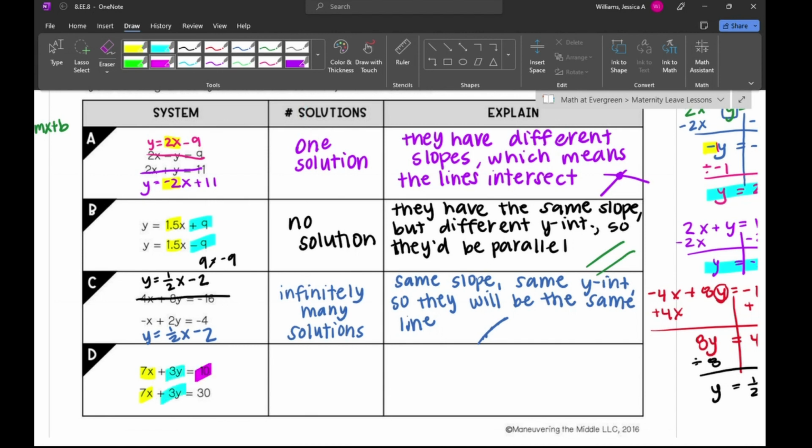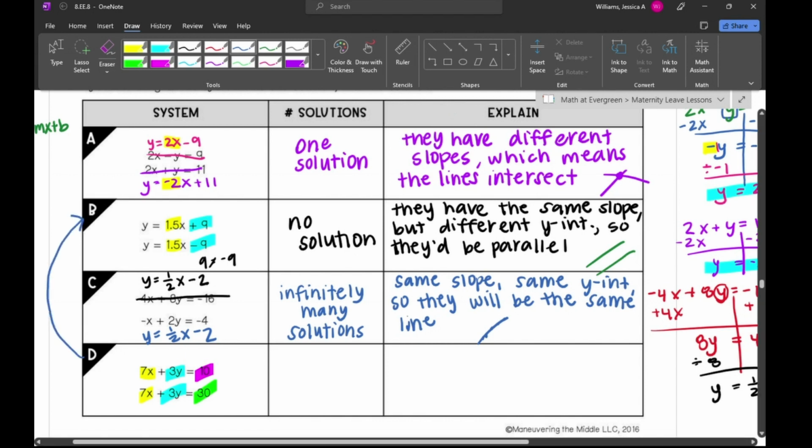But then these two are different. And so I can say, okay, well, the number with the x is going to be the same, but the number without the x will not be the same. And so that's just like what we saw earlier right here. This would be no solution.